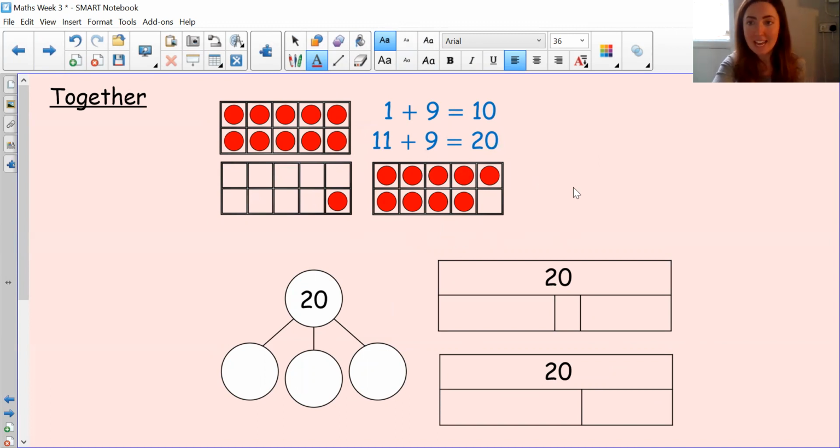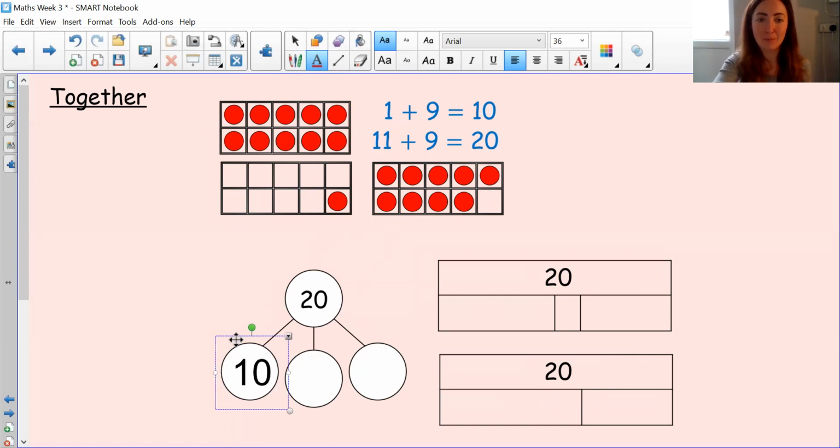Now, can you pause here to have a try at representing this as a part-whole model with 3 parts and as a bar model, 2 bar models with those same parts? Okay, let's see how you got on. So the first part is that 10 exactly. So that 10 that's part of 11.